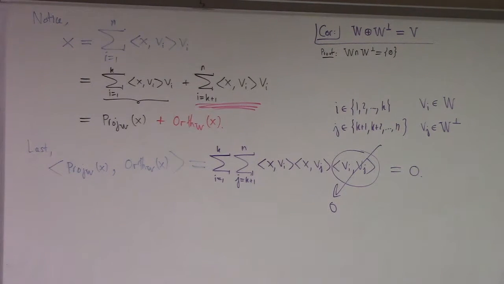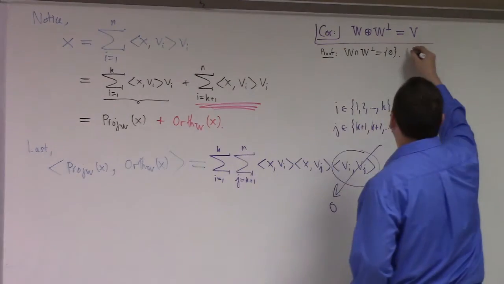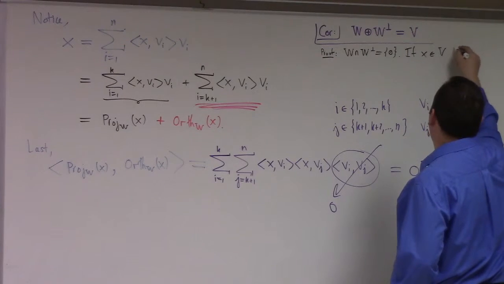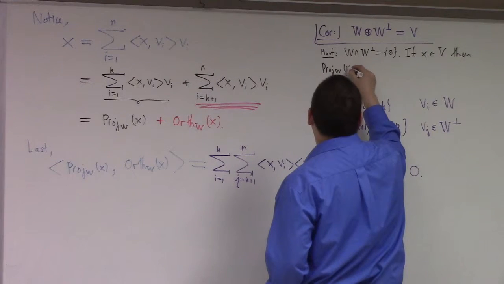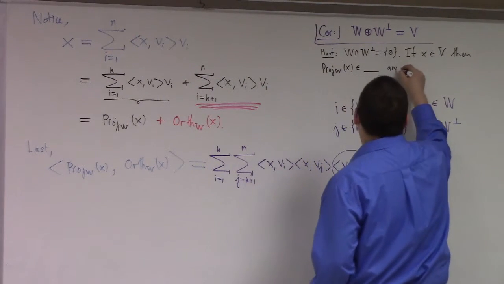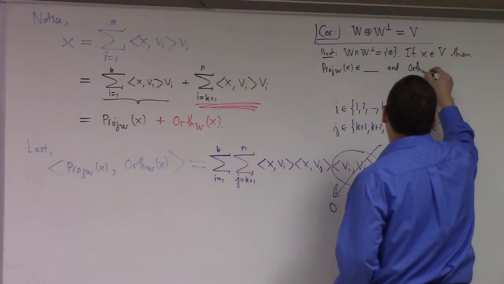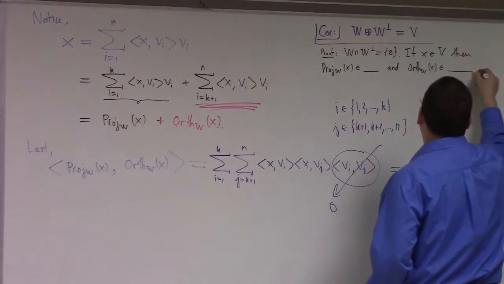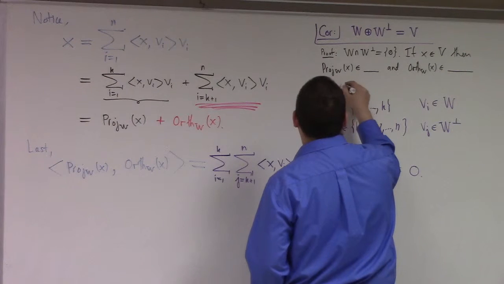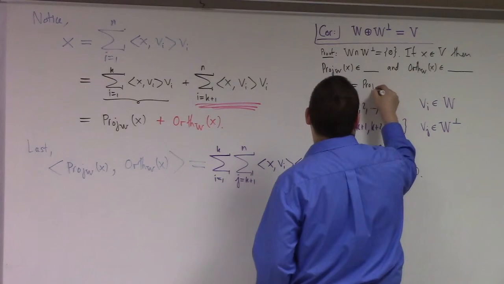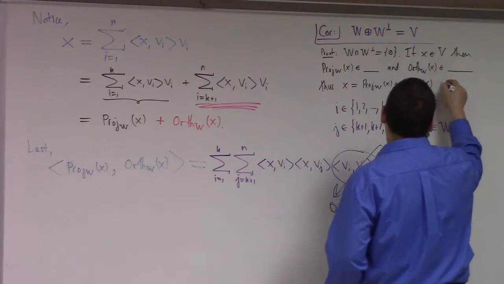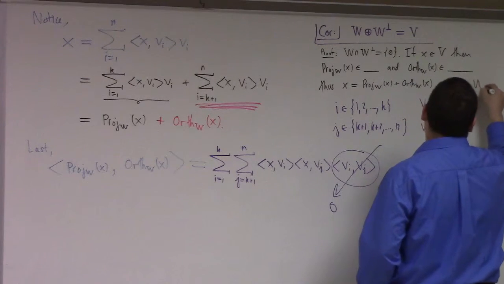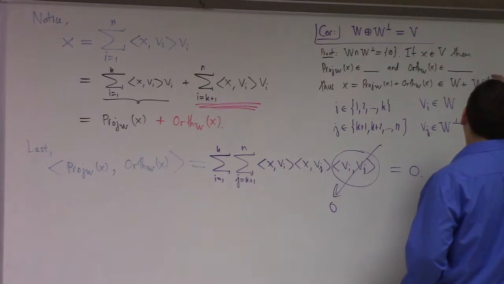Now I need to show that they in fact sum to give the whole space. If x is an element of V, then the projection onto W of x is an element of what? And the orthogonal projection onto W of x is an element of what? Fill in the blank for me. Thus, x is equal to the projection onto W of x plus the orthogonal projection onto W of x, which is an element of W plus W perp. That completes the proof.